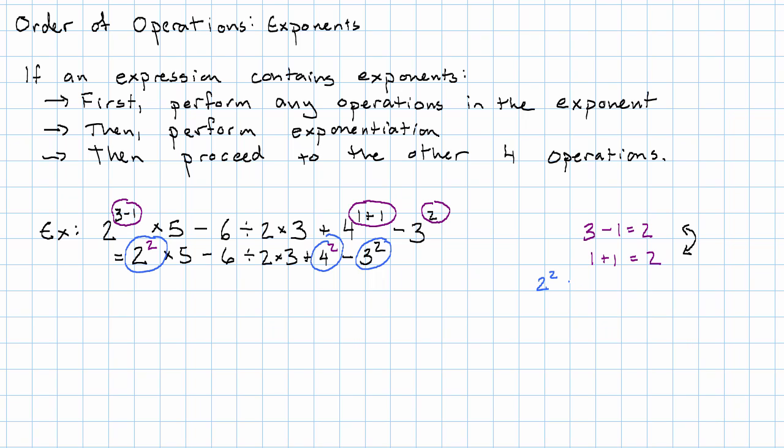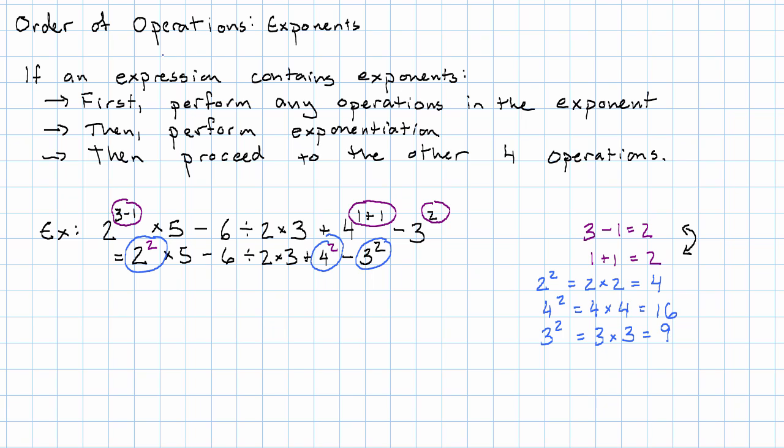I can work them out in whatever order I like. 2 to the second power means 2 times 2 is 4. 4 to the second power means 2 copies of the number 4 multiplied together. That's 16. 3 to the second power, that's 2 copies of the number 3 multiplied together. That's 9.